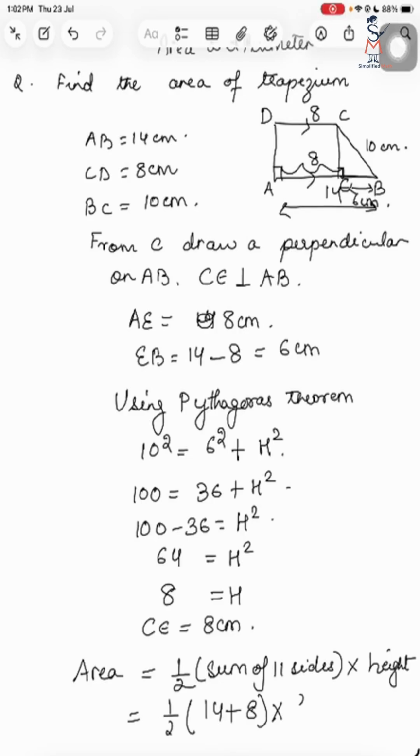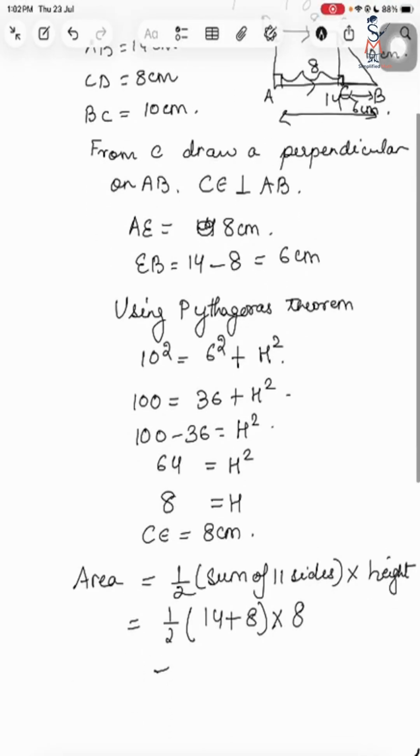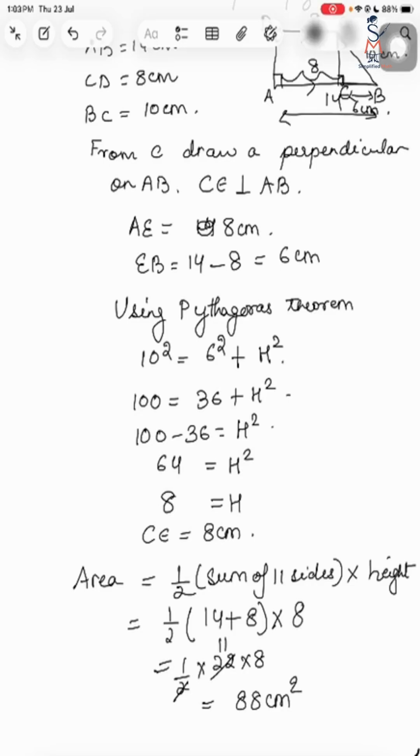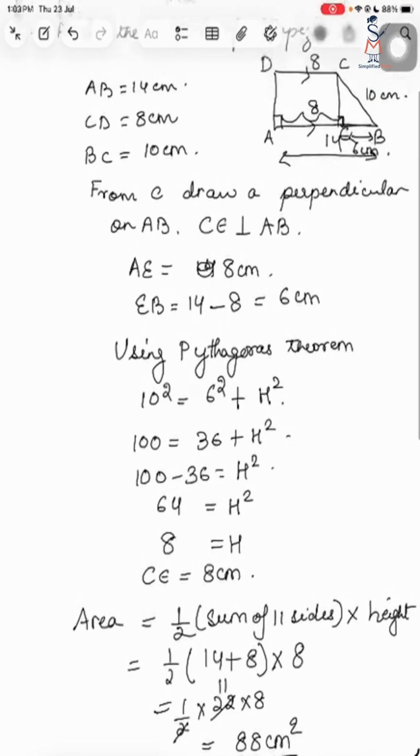H is 8 centimeter, what we found out. So half into 14 plus 8, which becomes 22, into 8. That is 11 into 8, that is 88 centimeters square, the area of this trapezium.